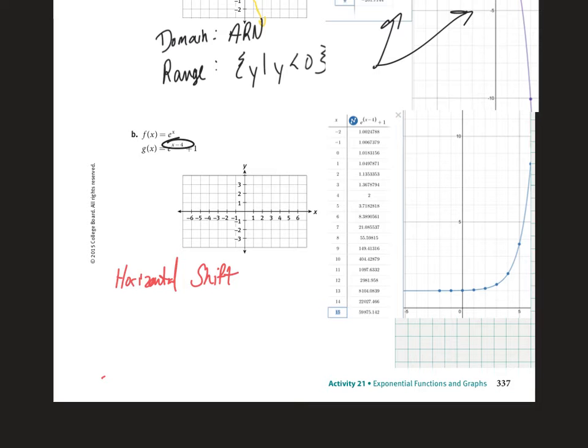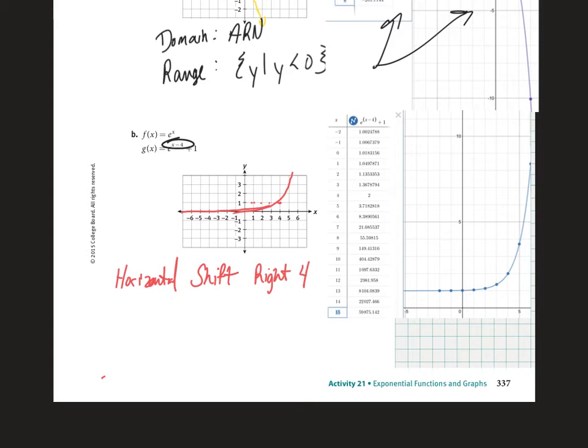So that feels like it should go left 4, but in actuality it's going to go right 4 units. So the first thing we have is a horizontal shift, right 4 units. Where it used to look like this, now it's going to be shifted over 1, 2, 3, 4, which does not affect the domain or the range. Nothing affects the domain, by the way.